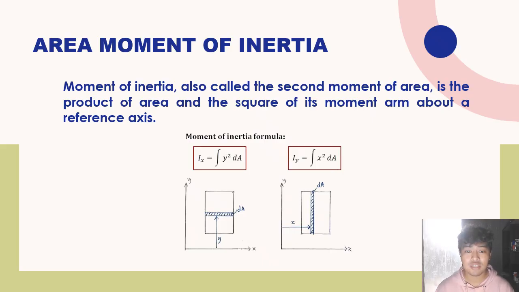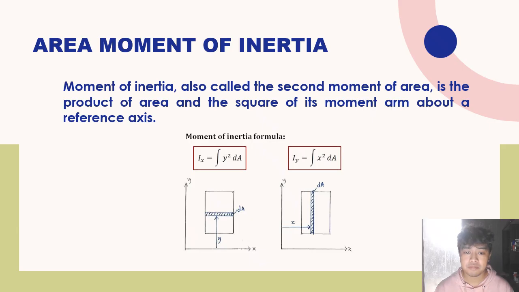But in this case, we're going to talk more about the area moment of inertia, because this is going to be very relevant to our topics such as the design of beams and columns, since we are more into the cross-sectional area of the beams and columns.